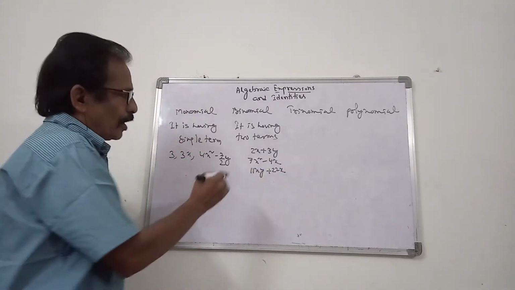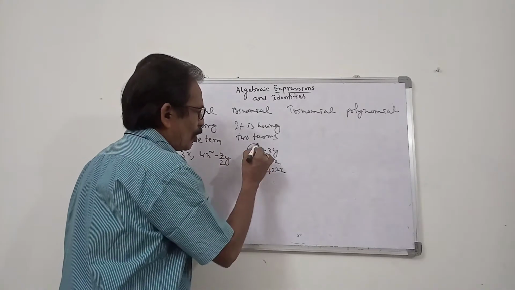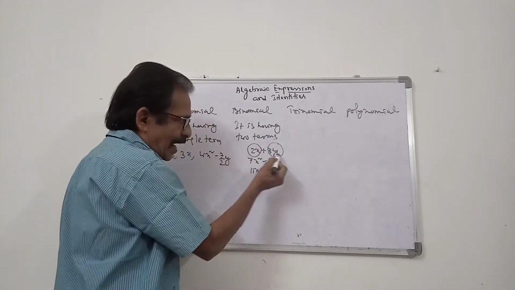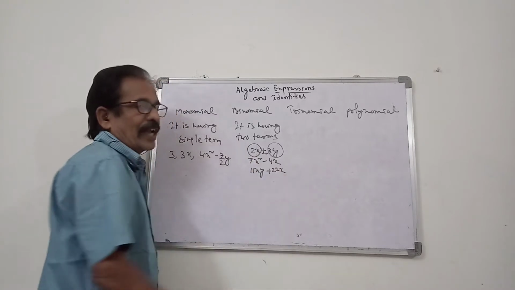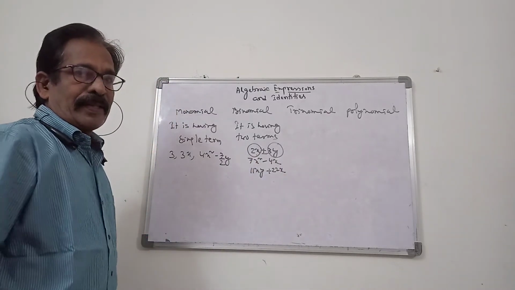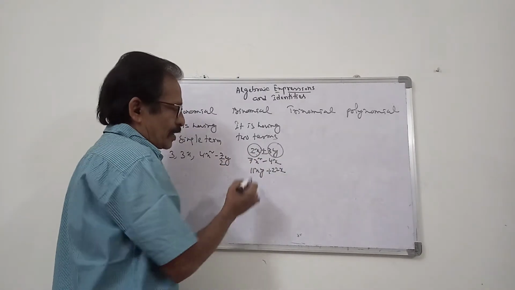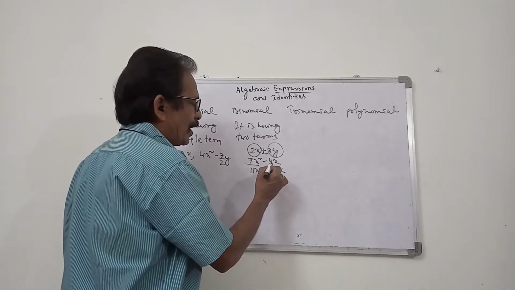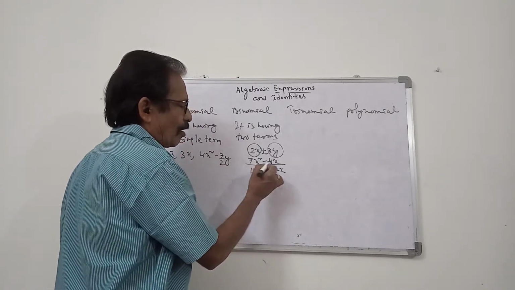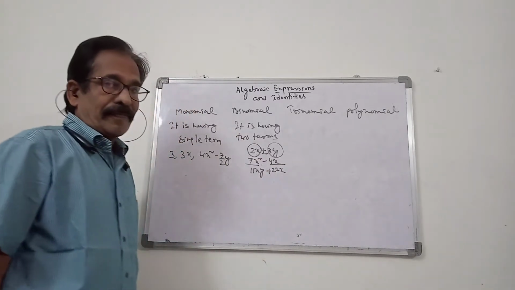Here 2x is a monomial and 3y is also a monomial, and they are added with a positive sign. Similarly, 7x square is a monomial, and 4x is also a monomial, and they are combined with a negative sign.